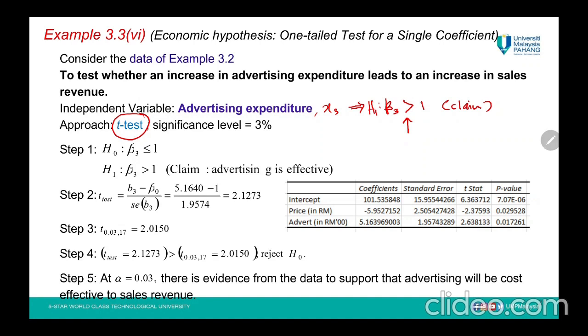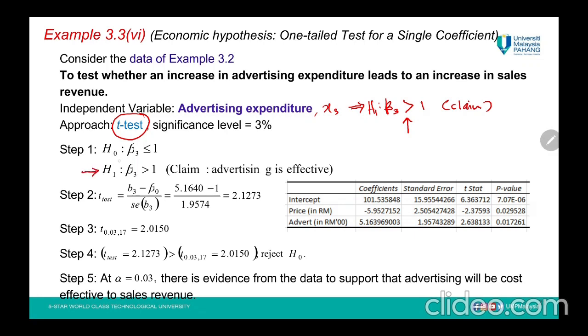By using the t-test approach, there are 5 steps of hypothesis testing. As usual, the first step is to construct the hypothesis. So, based on the claim here, the claim is under H1.